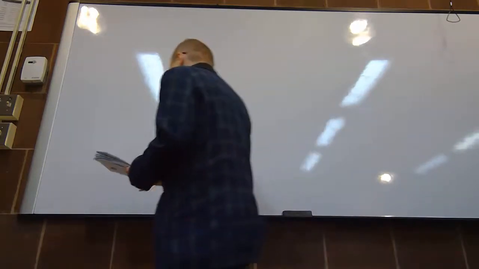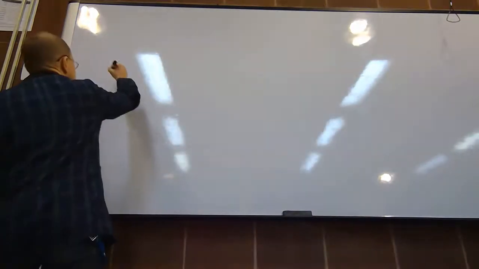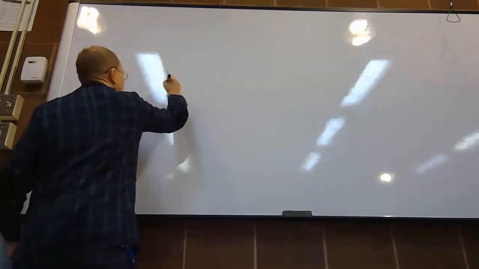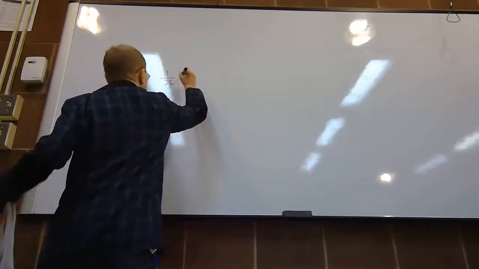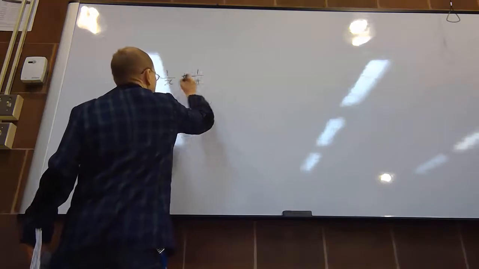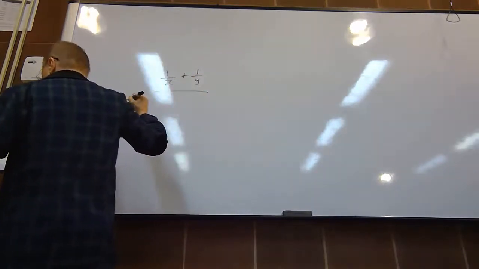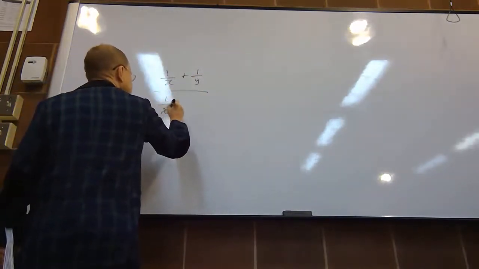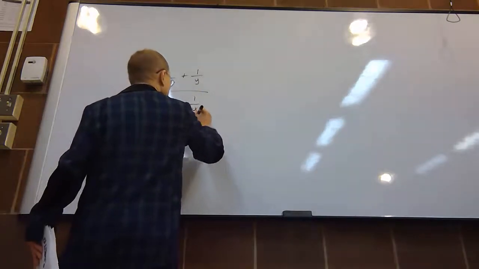And example number 2 is 1 over x plus 1 over y divided by 1 over x minus 1 over y.